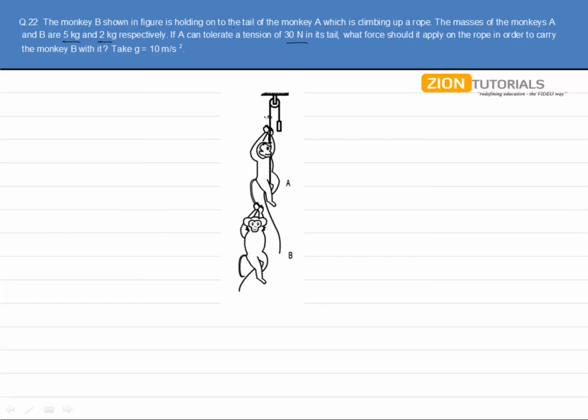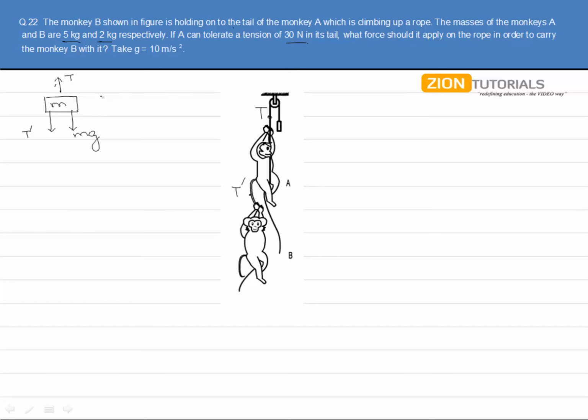Now let us suppose that there is tension T in this string that monkey A is basically holding, and let the tension T dash be in the tail of this monkey A. So we can very easily make the free body diagram for the case of maximum tension in the tail of monkey A. We have the mass M for monkey A, tension T in the upward direction, T dash in the downward direction along with mg.